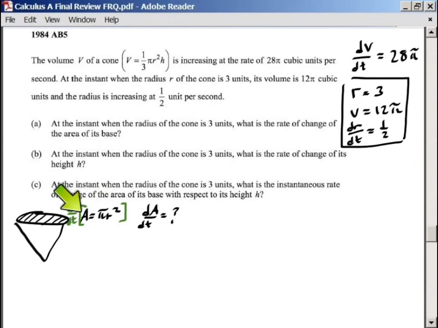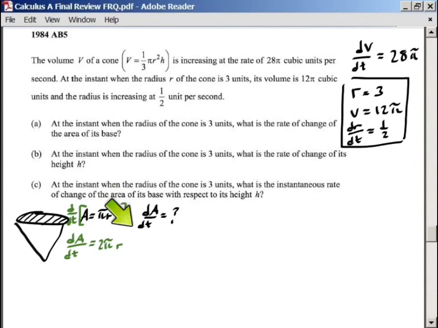So if I took the derivative of A, that would just be 1, but then you would have to multiply it by dA over dt. Equals, now the pi is a constant, so don't worry about it. Just look at r squared. If you took the derivative of r squared, you would take that 2 and multiply it times the pi, so you get 2 pi, and then you would take 1 away from the exponent.